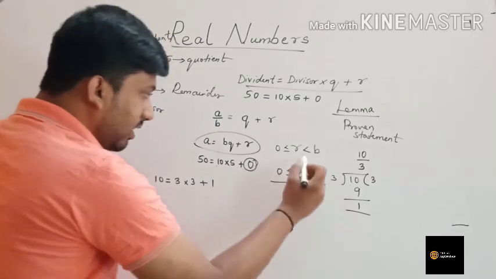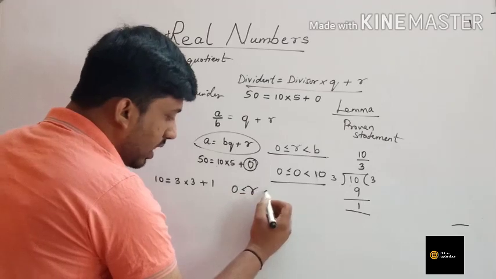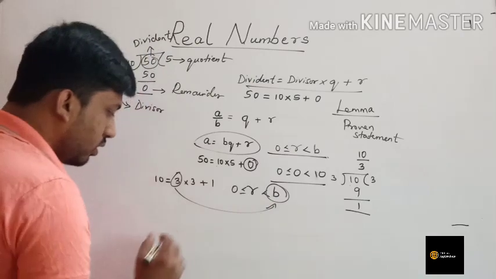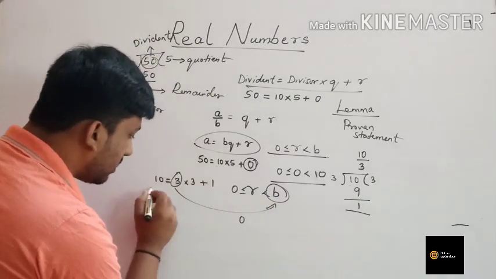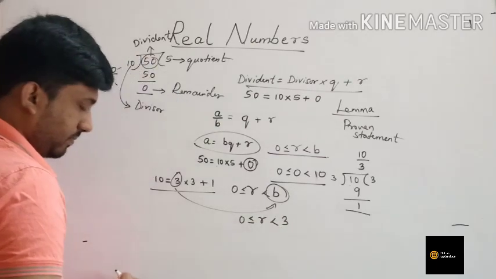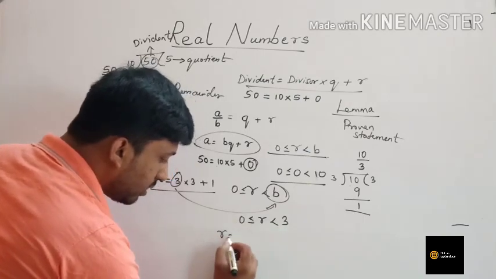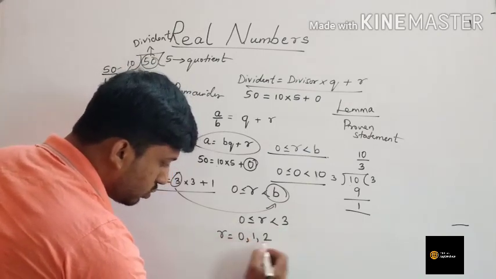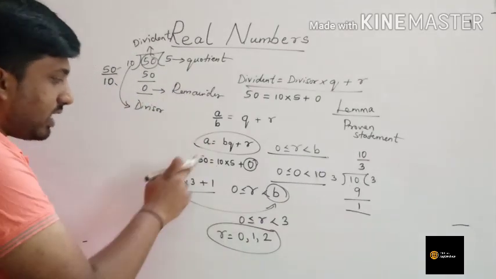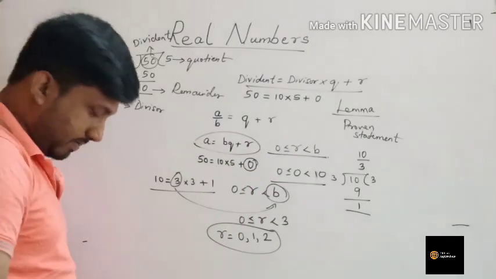Here again I state this condition: r is between 0 and b. Here b is nothing but 3. So for this condition we have the remainder lesser than 3. So 0 to 3, therefore the remainder becomes 0, 1, 2. This is the possibility of the remainder when we divide any number by 3. I hope you people are understanding.